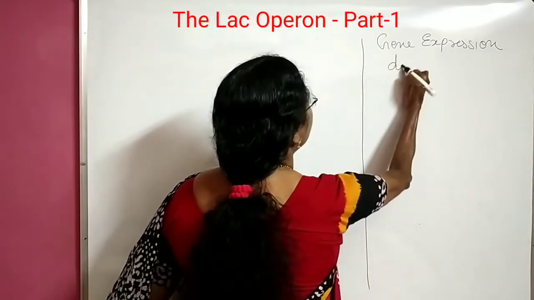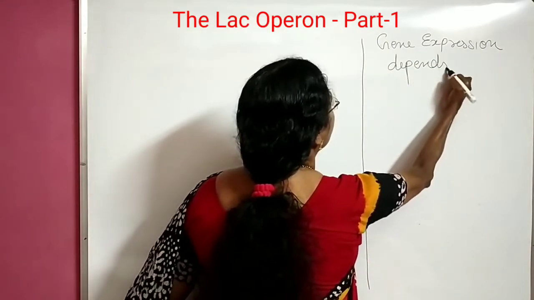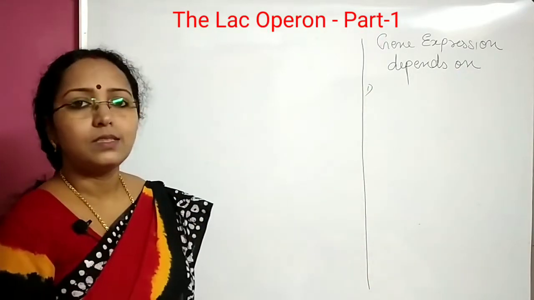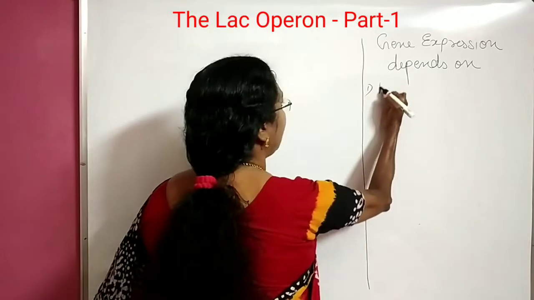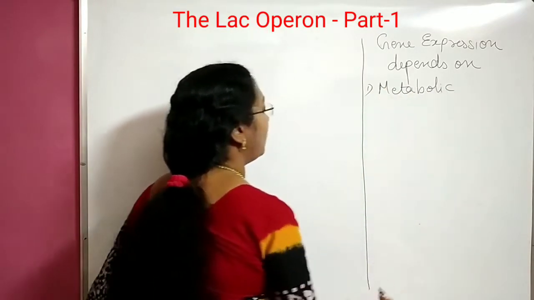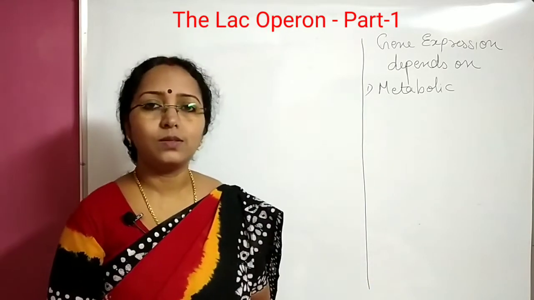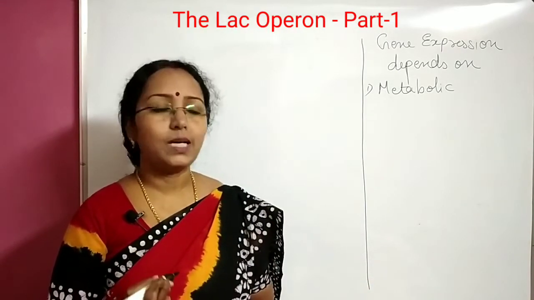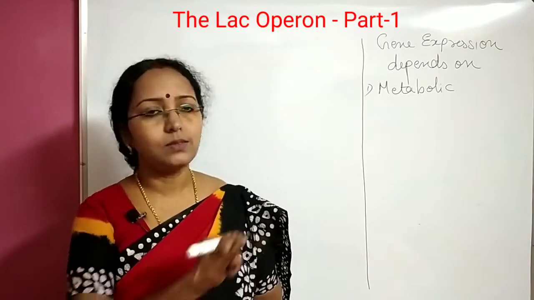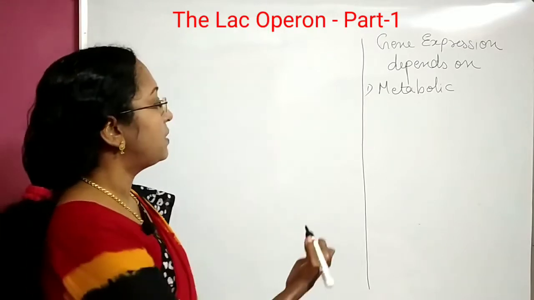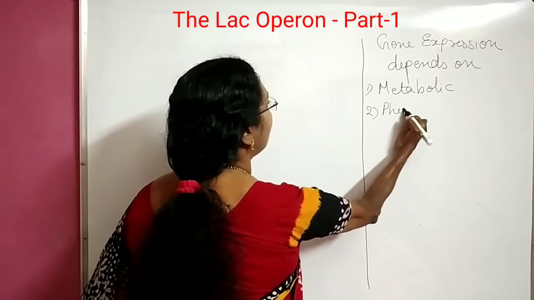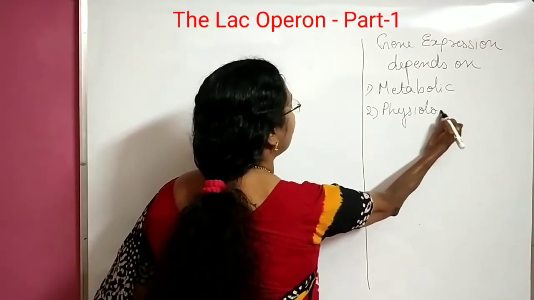Gene expression depends on, first, your metabolic processes. Metabolic processes, that is anabolism, catabolism, related to the factors that are built up in your body or broken down in your body. So that is metabolism. Regarding metabolic behavior, the second one, it depends upon your physiology.